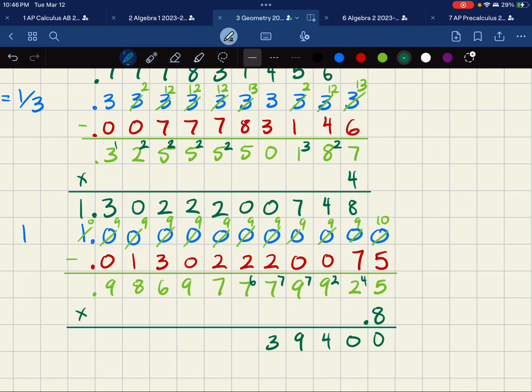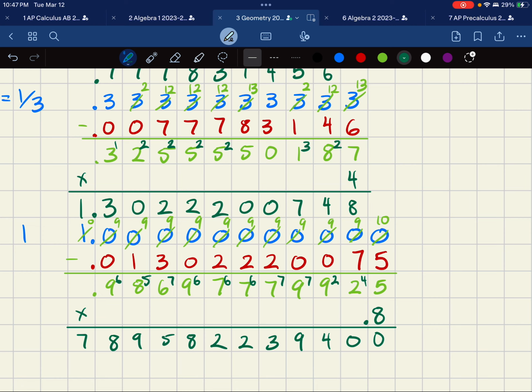Yeah, so that's 63, good. 63, and 8 times 7 is 56, which is going to go to 62. 8 times 7 is 56, which again is going to go to 62. 8 times 9 is 72, which goes up to 78. 8 times 6 is 48, which goes to 55. 8 times 8 is 64, which goes to 69. And 8 times 9 is 72, which goes to 78.